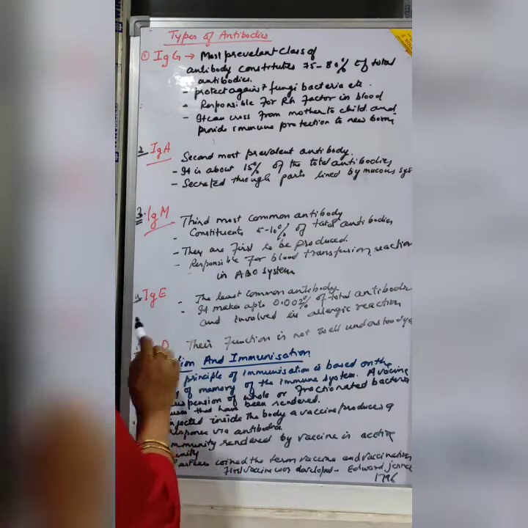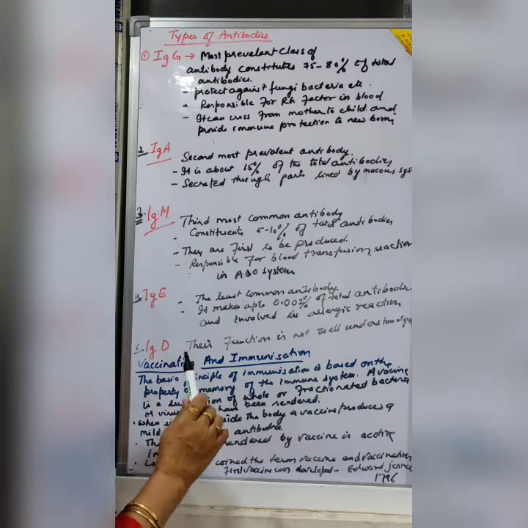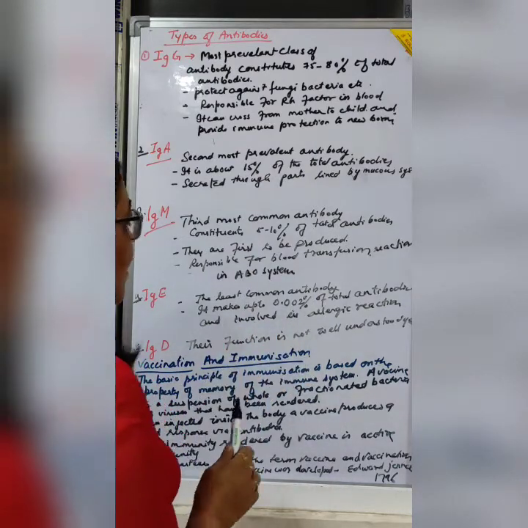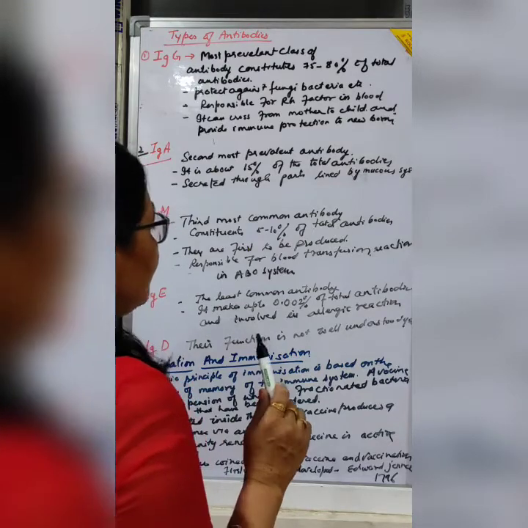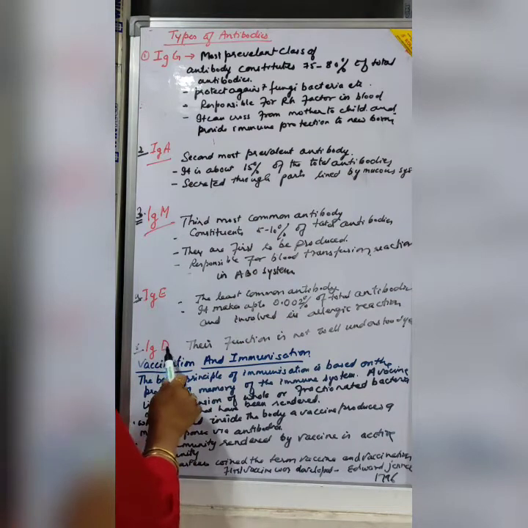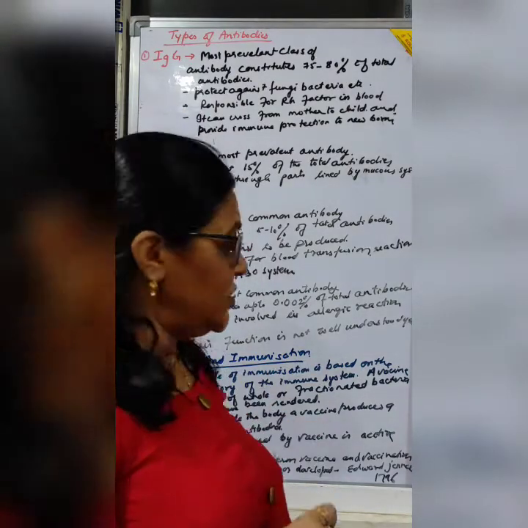Then IgE, the least common antibody, makes up 0.002% of total antibodies and is involved in allergic reactions. IgD, their function is not yet well understood. So these are the basic types of the antibodies.